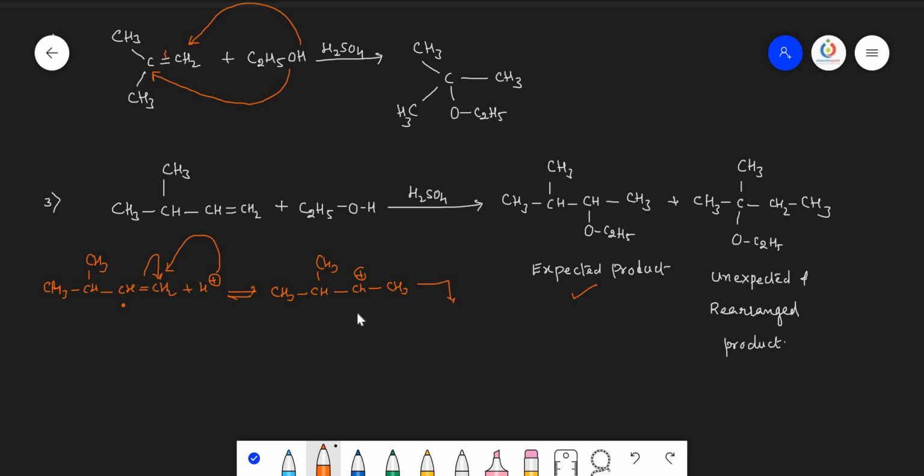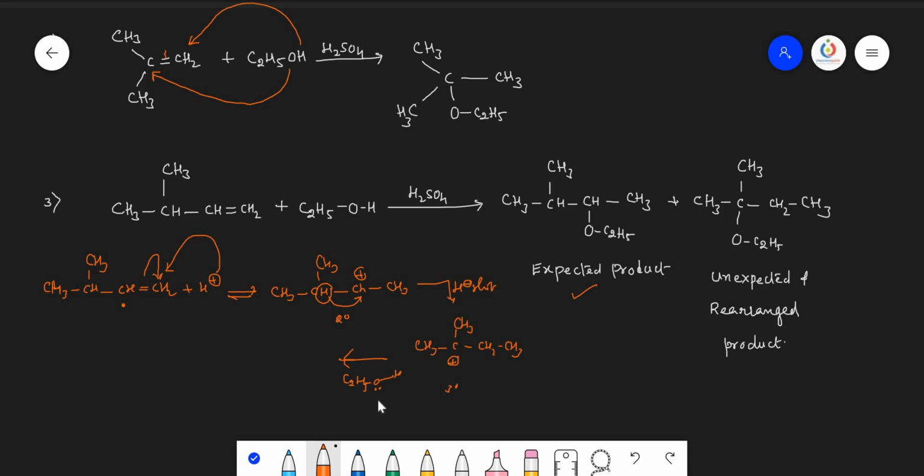This secondary carbocation is a bit unstable compared to the tertiary carbocation, so that's why this hydrogen shall be shifted over here. So, hydride shift. So we get the CH3, CH2 and CH3. Tertiary carbocation is formed. And later we get the ethyl alcohol.